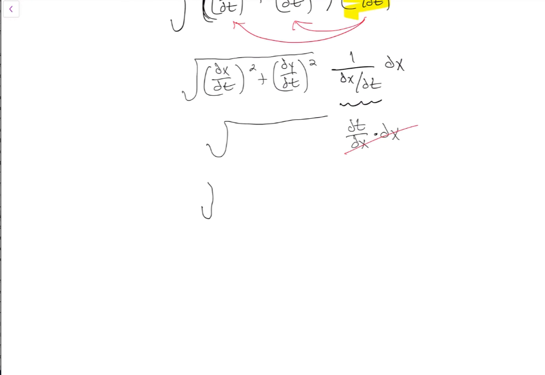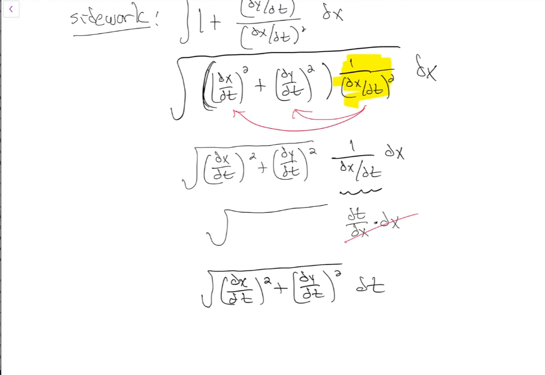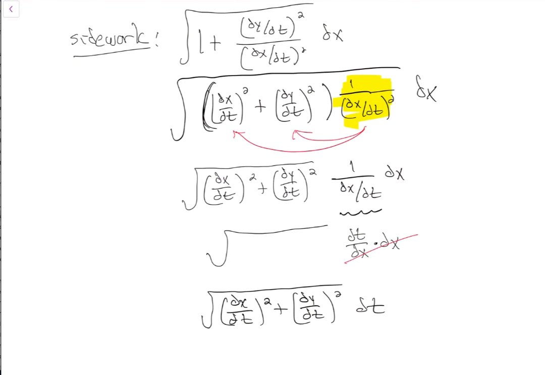So this whole expression converted to (dx/dt)^2 plus (dy/dt)^2 under the radical, and then I have that dt differential that I needed out front. So in the very beginning of our work, up here at the very top, we had the dx.